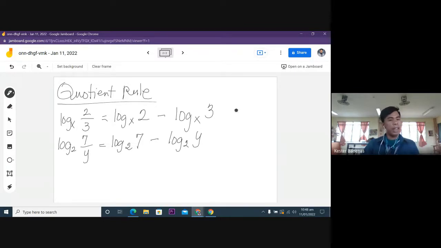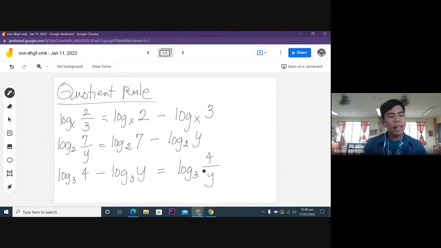And vice versa. Kung meron tayong logarithm of 4 with the base 3 minus logarithm of y with the base 3, that would be equal to logarithm of 4 over y with the base 3. Ayan siya, class. So may question sa quotient rule?